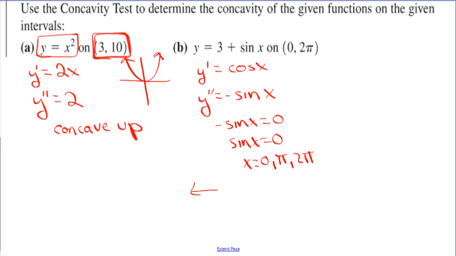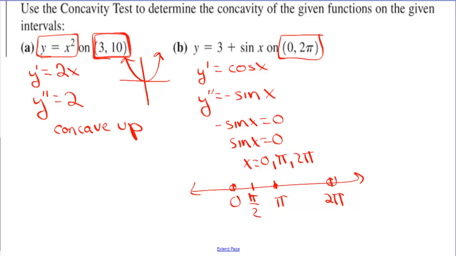So let's plot those on a number line. We don't want to be outside of 0. We're going to test in between 0 and pi, and then in between pi and 2 pi. We don't want to include these endpoints because it's an open interval. We can check anything from 0 to pi, so how about pi over 2?